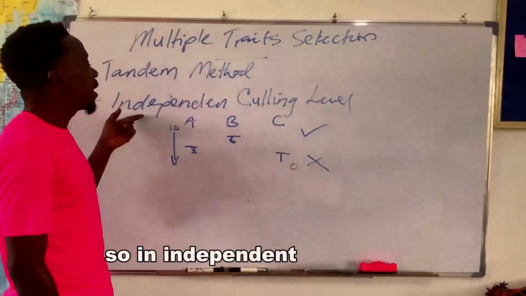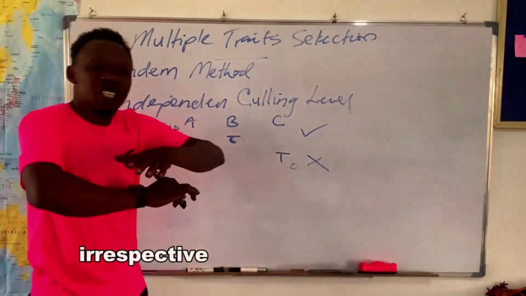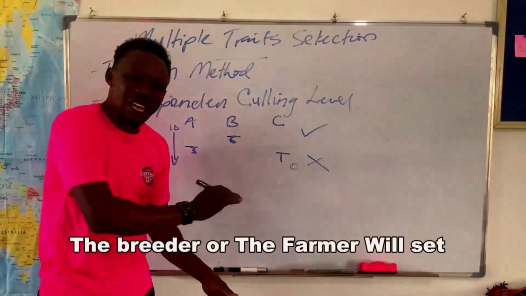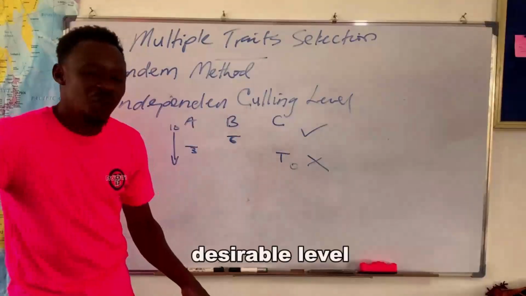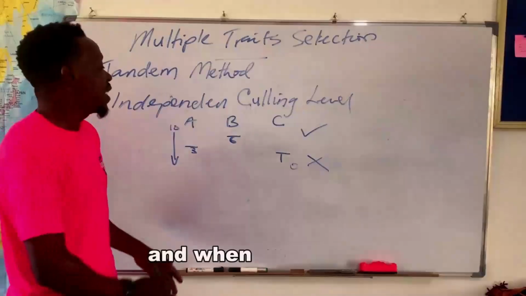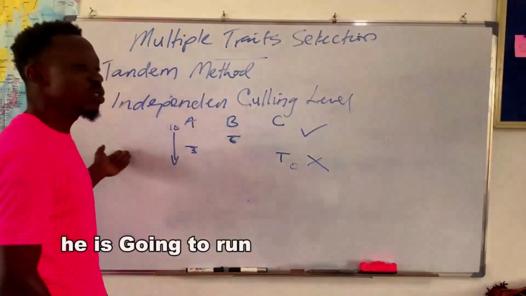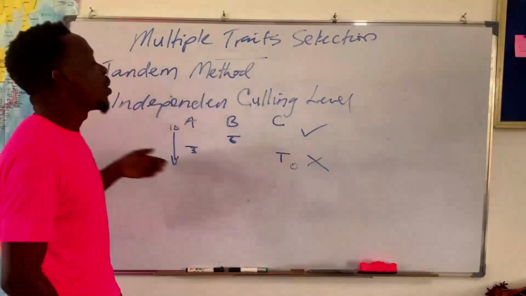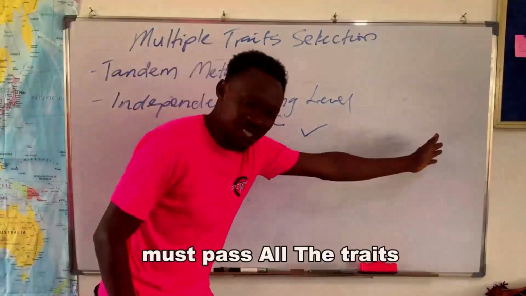So in independent culling level, irrespective of the number of traits, the breeder or the farmer will set a minimum acceptable level for all the traits. And when he does that, he is going to run through the traits. An animal to be selected must pass all the traits.